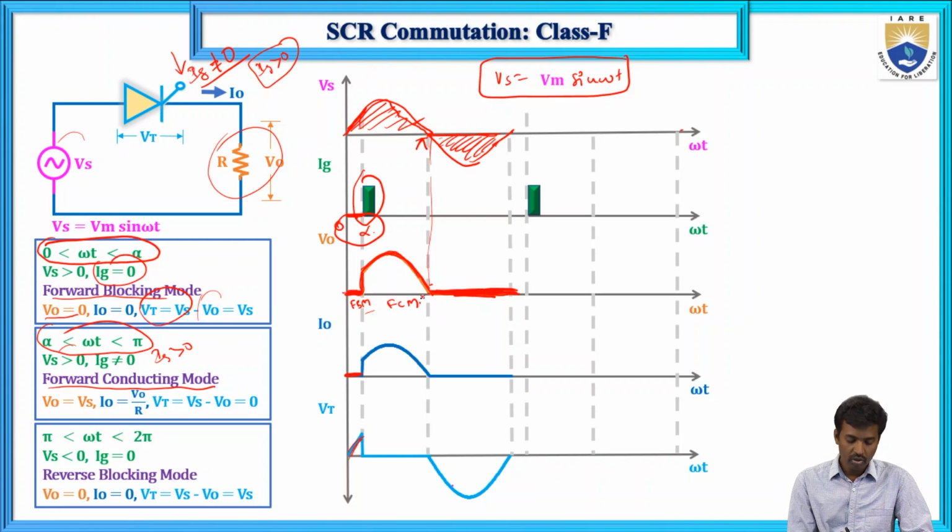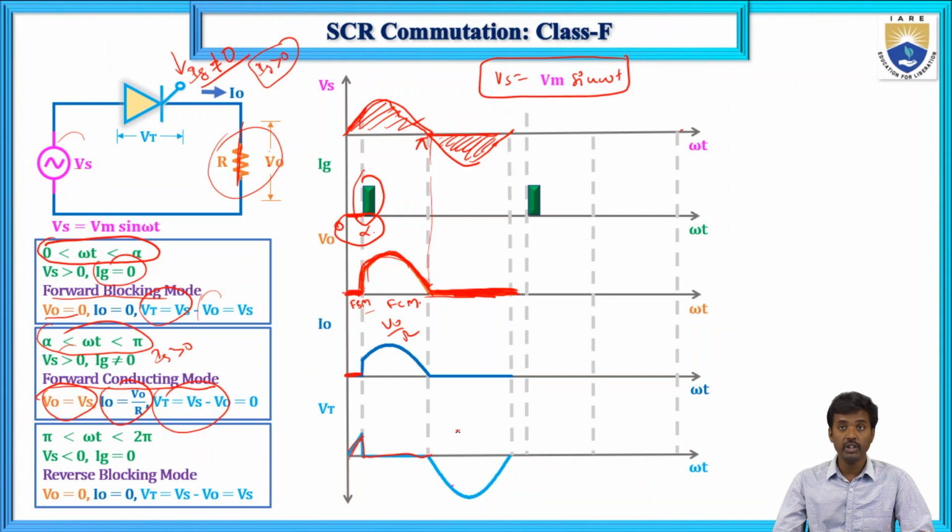In this mode Vs equals V0, so it follows the supply voltage. I0 equals V0 by R, the load resistance, and the thyristor voltage is 0.